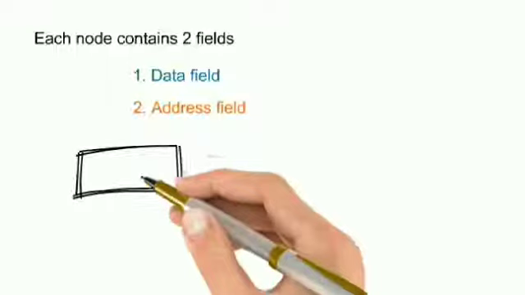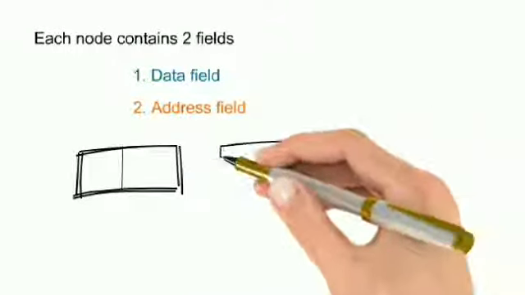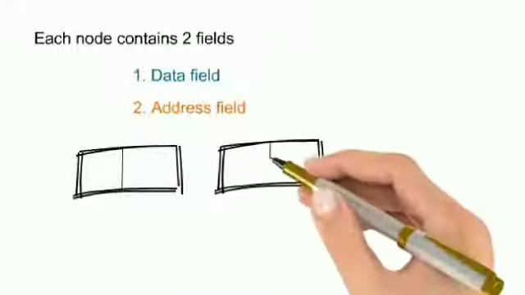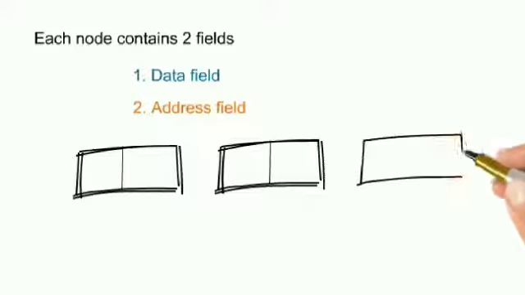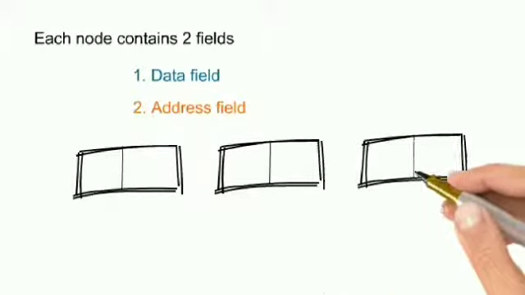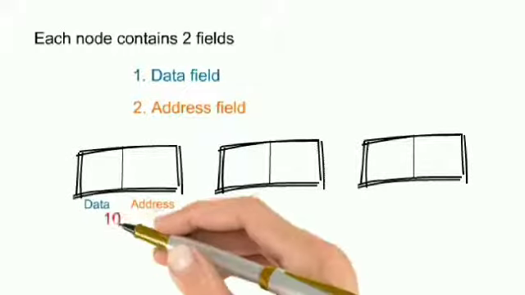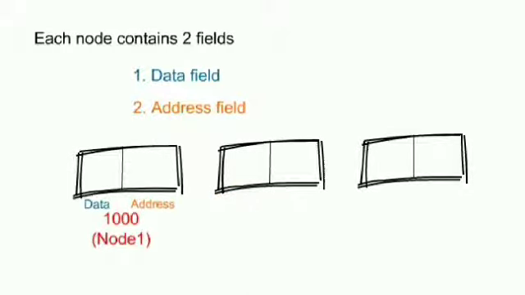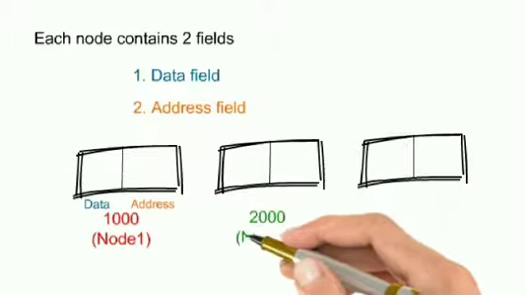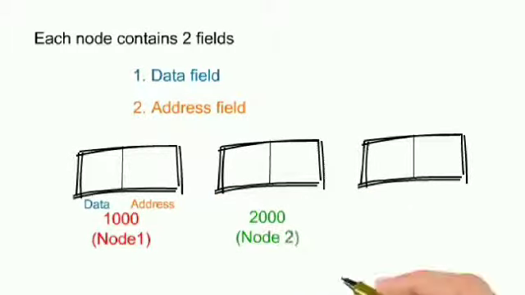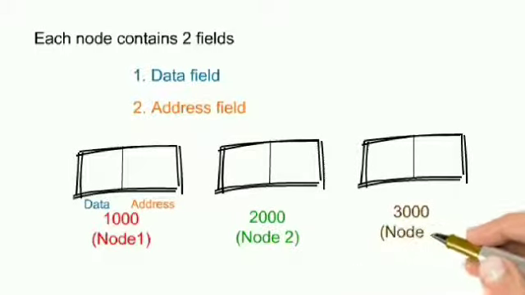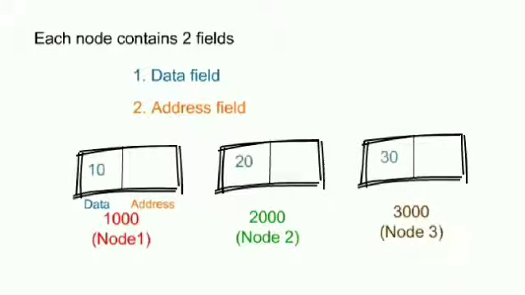Let us consider three different nodes, each consists of two fields. So, the first one will be your data field and the other one will be your address field. Let the node 1's address be 1000 and node 2's address is 2000 and 3000 for node 3.